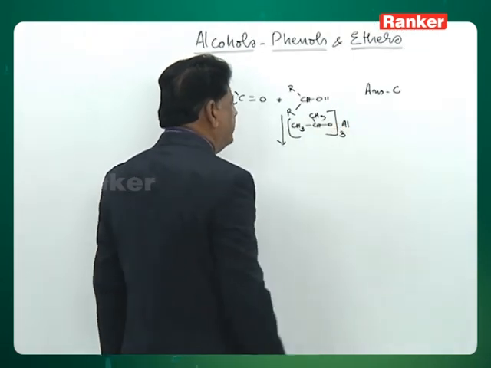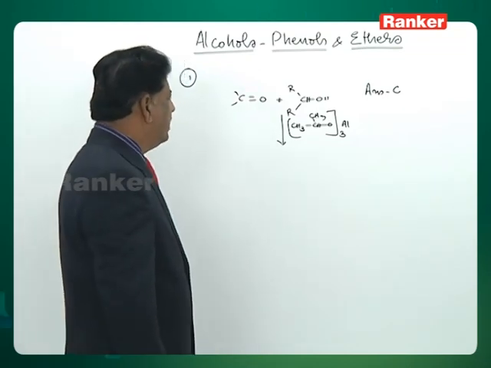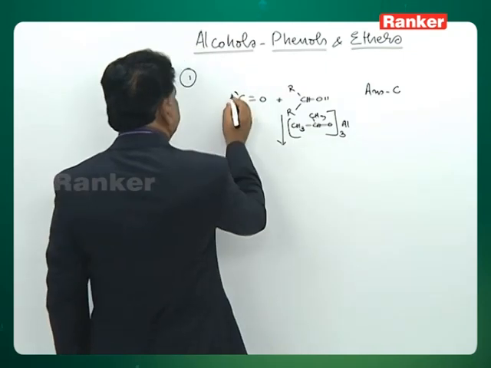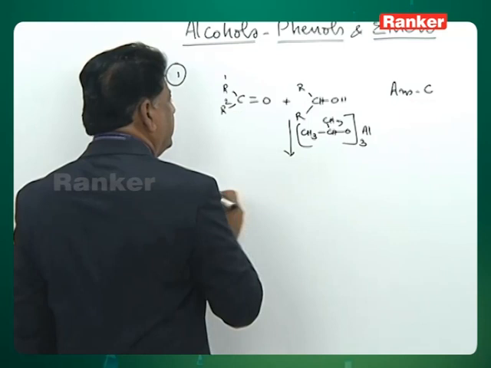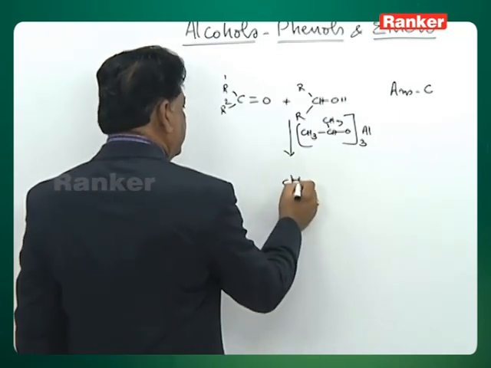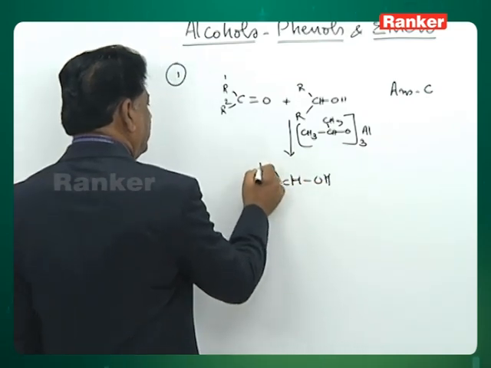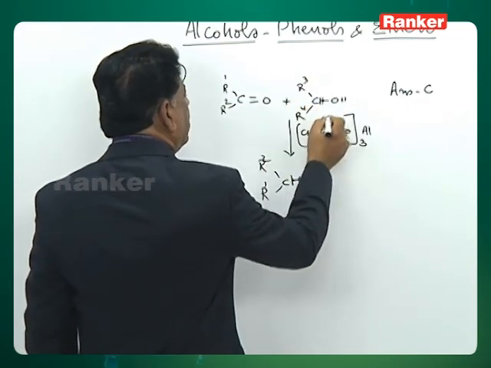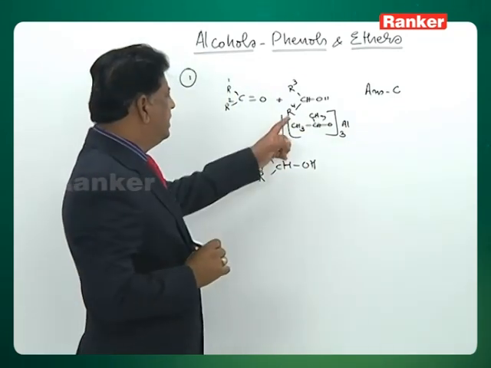This is the unique reagent, maybe having its own properties, but when this aluminum isopropoxide is used with a suitable solvent, the R1 R2 containing aldehyde is converted into the R1 R2 containing alcohol, and this R3 R4 alcohol is the one which is used as a sacrificial agent here, that is consumed.